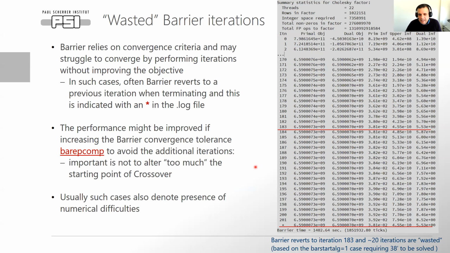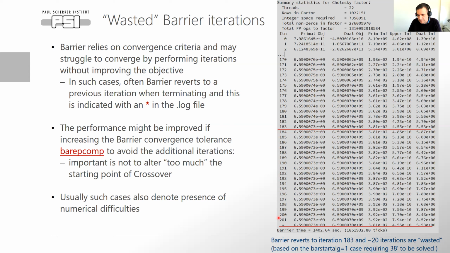Now, another point that I would like to note in the barrier iterations is that sometimes when we solve our model, we see this asterisk here, which in this case means the barrier reverted to a previous iteration when it is about to start the crossover, or to just finish if we don't invoke crossover. So all these iterations here can be characterized as wasted.